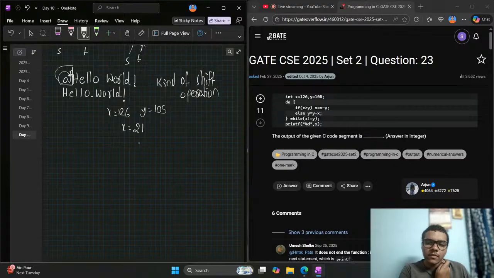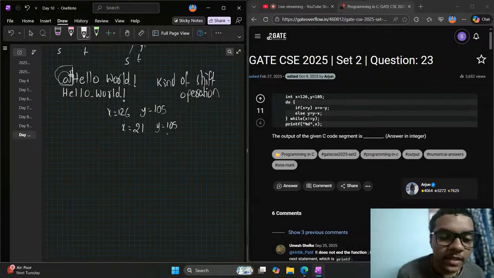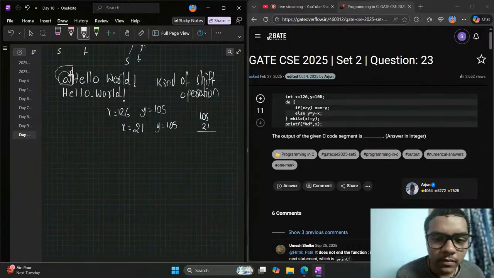While x is not equals to y, okay. Y is equal to 105. So this is not the case. Y is equals to y minus x. 105 minus 21. How much is it? 4 and 84.